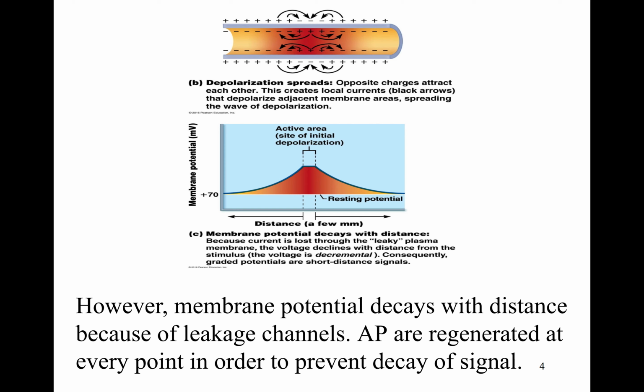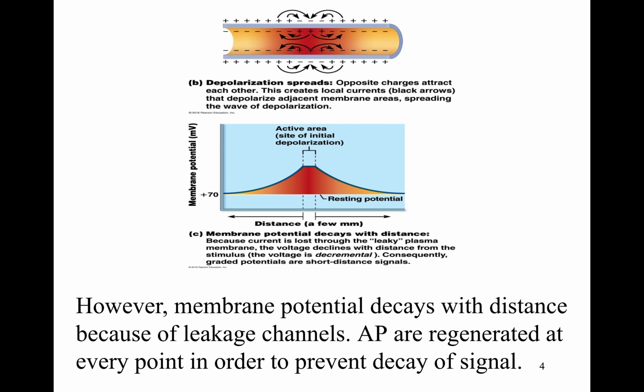This wave of depolarization, or this membrane potential, is ultimately going to decay with distance because of leakage channels. Remember that we have a bunch of leakage channels in our neuron membranes: sodium leakage channels and potassium leakage channels.